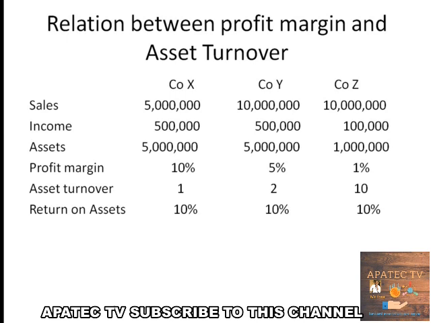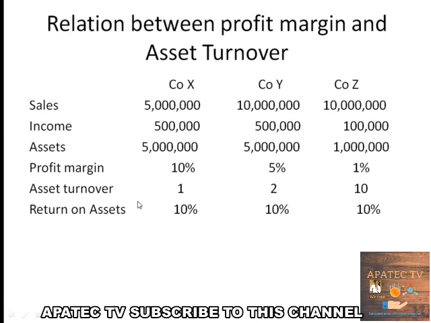As I have said, the profit margin is equal to income divided by sales. That means we take 500 divided by 5 million times 100, so the profit margin is 10%. Likewise, 500 divided by 10 million gives you 5%.